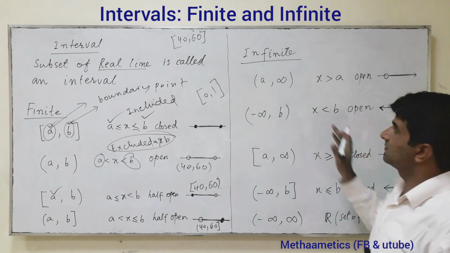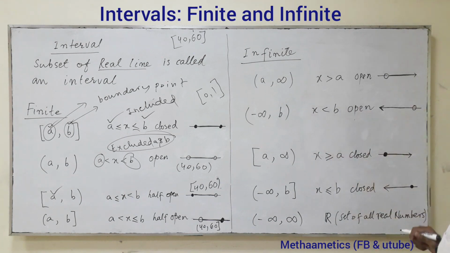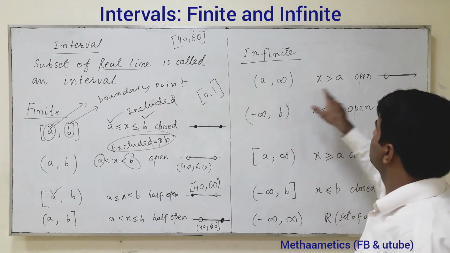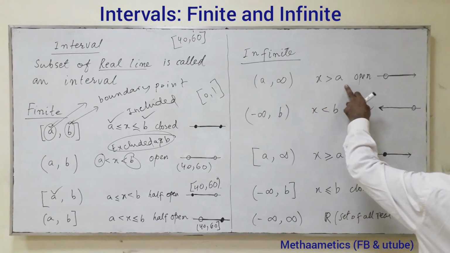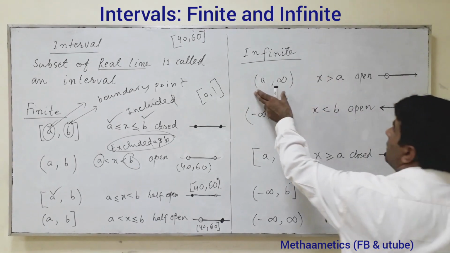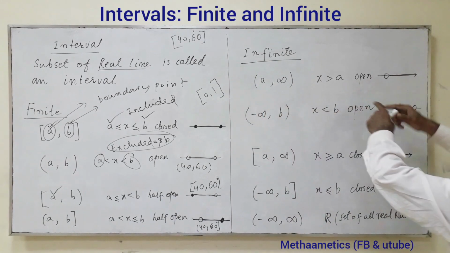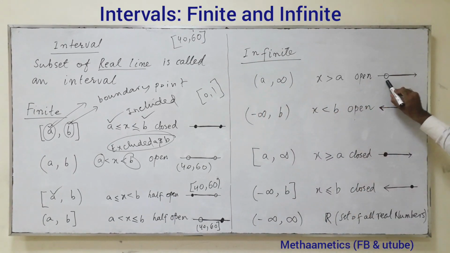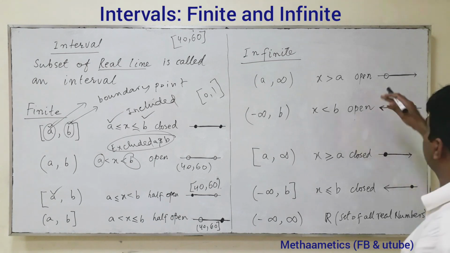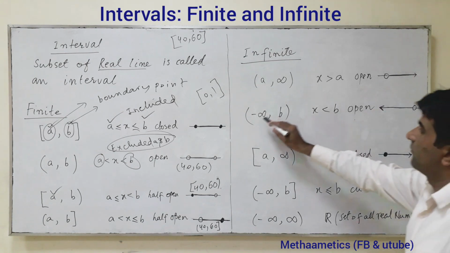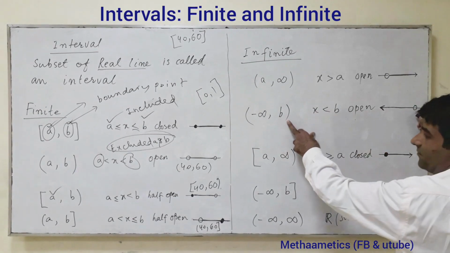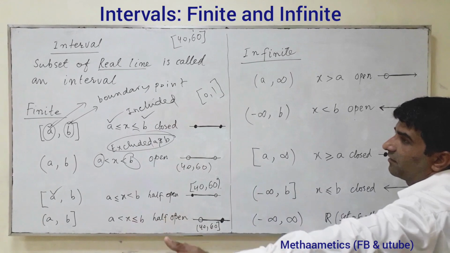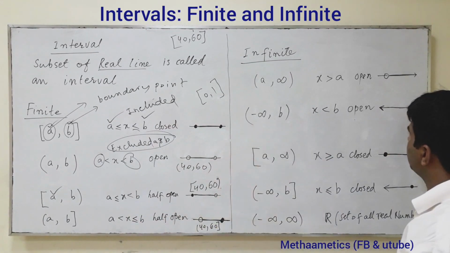So let's discuss now the infinite intervals. In the first infinite interval, all values are greater than a, where a is not included itself, and it goes on. Next, b is not included as well, and all values are less than b. Infinite values.